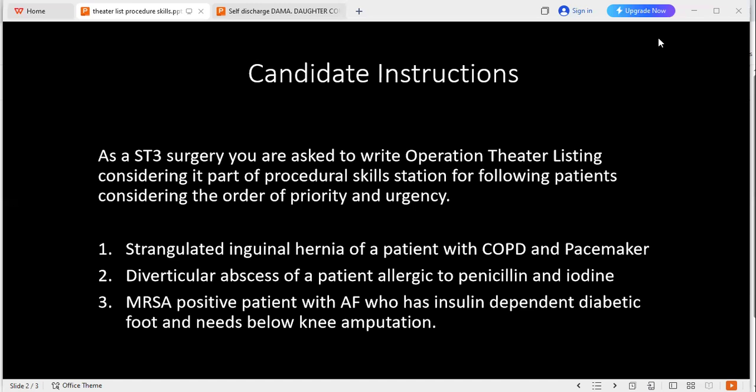According to clinical priority, there is one criteria which is called the National Confidential Enquiry into Patient Outcome and Death, NCEPOD. According to that, where would you categorize this strangulated inguinal hernia, should it be operated immediately or urgently, and why? Strangulated patient would be immediate.